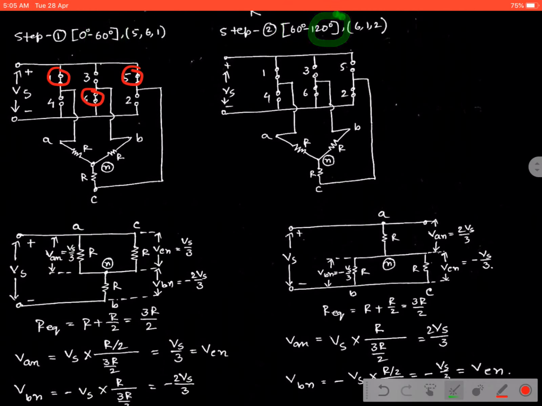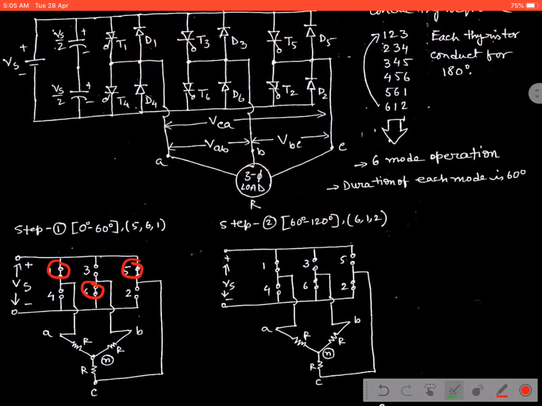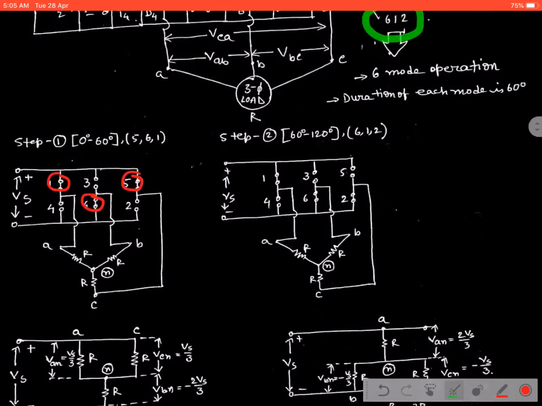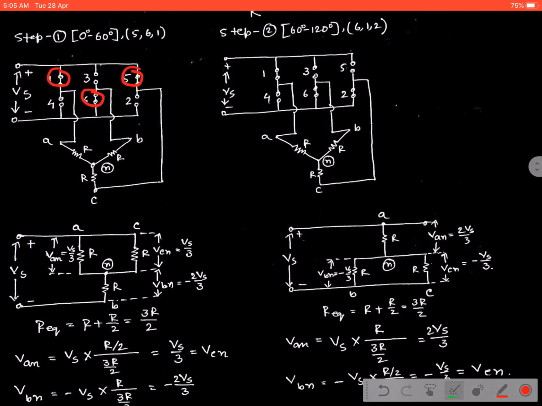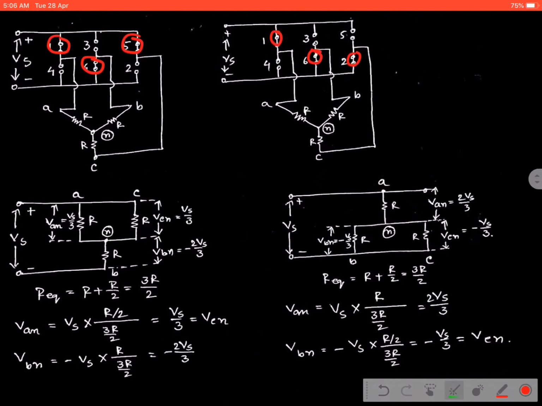In this case, as per the switching sequence, switches 6, 1, 2 will be in the on state. Then similarly, we can draw the equivalent circuit diagram during the on state of these particular switches, and it will give this circuit. Okay, in this case again we can calculate.